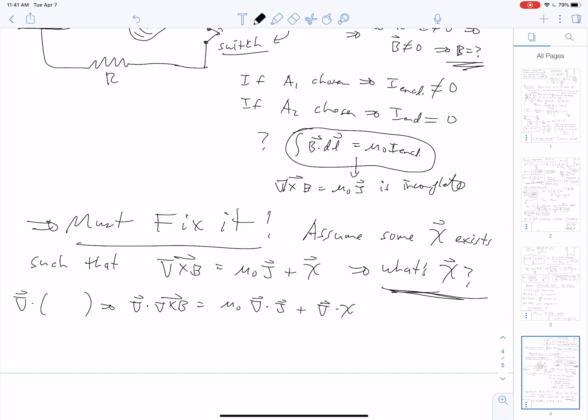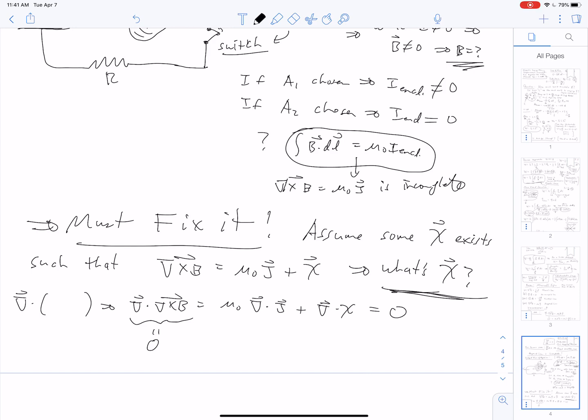But now we know that del dot del cross B has to equal 0, because del dot del cross any vector field is 0. So this thing equals 0.